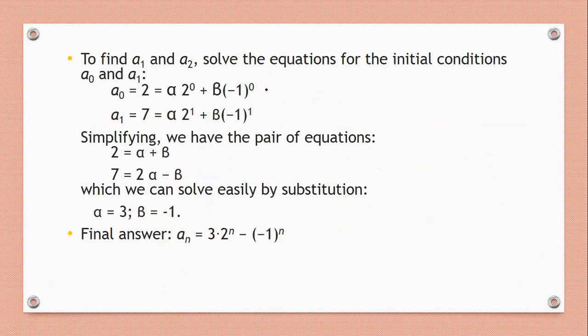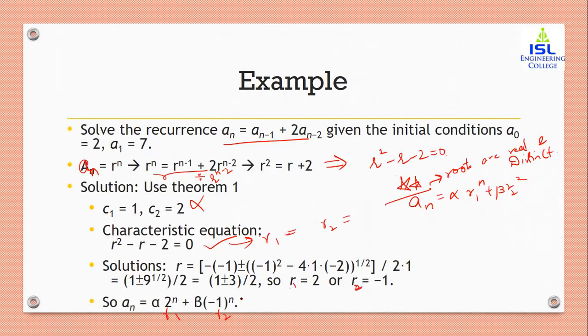Alright. Now to find alpha and beta, we solve the equations for the initial conditions a0 and a1. a0 is given as 2, a1 is given as 7. In our equation 1, we substitute n is equal to 0 and n is equal to 1.